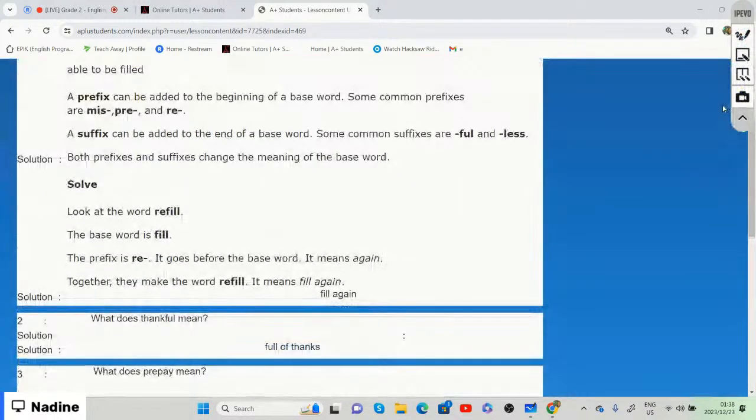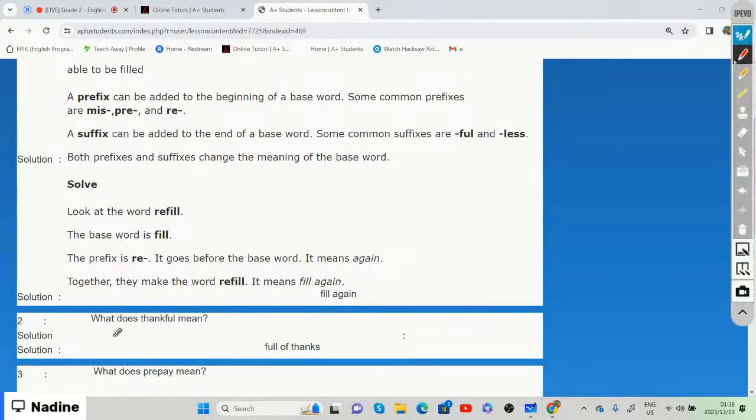Thankful. What does thankful mean? There we added a suffix. So the suffix full was added, and thank is the base word.